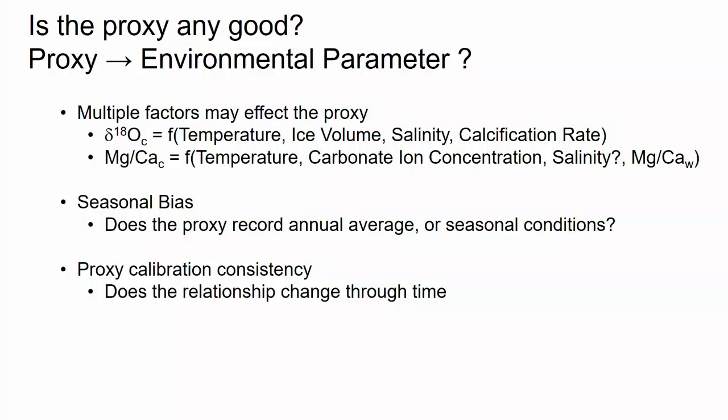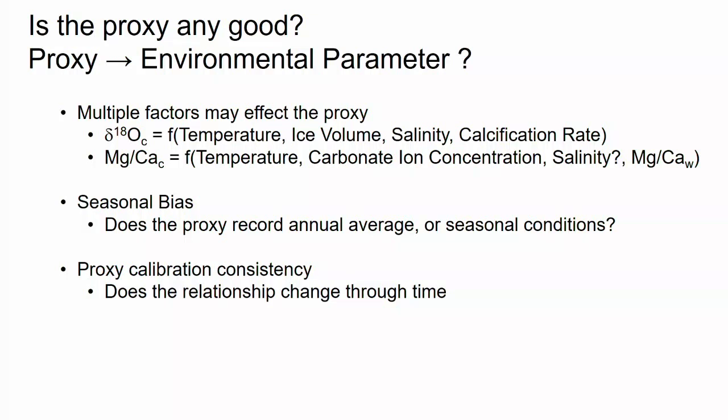If one shell of plankton grew every month and then fell to the bottom of the ocean, then yes, it would be averaging the temperature over those years. But that's not how plankton work. They tend to grow more in spring and summer than in winter.